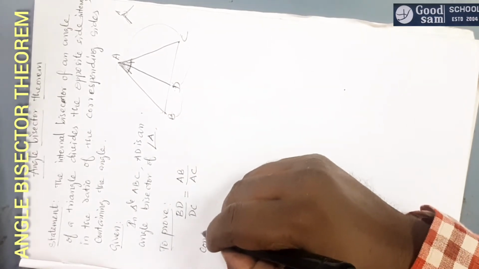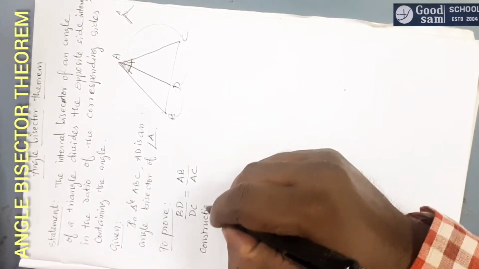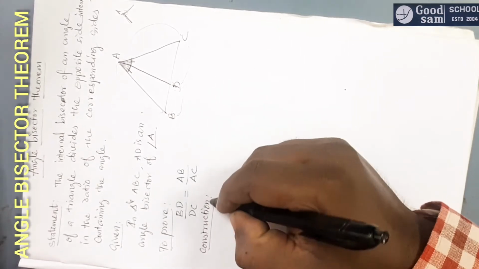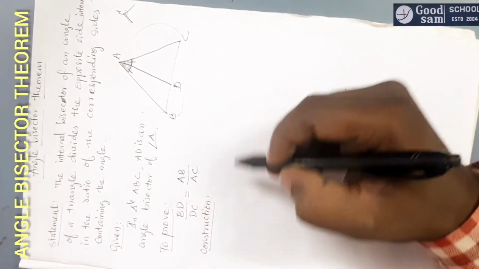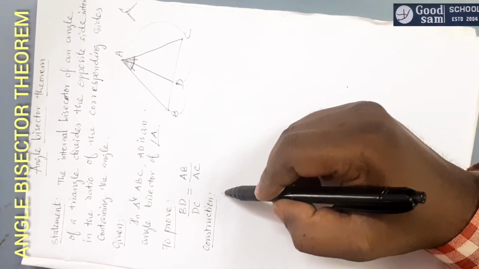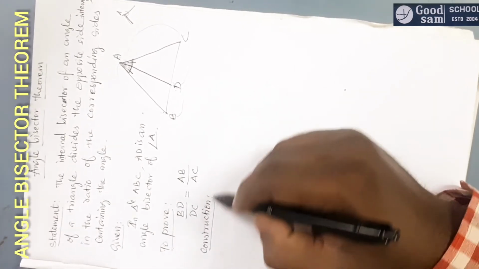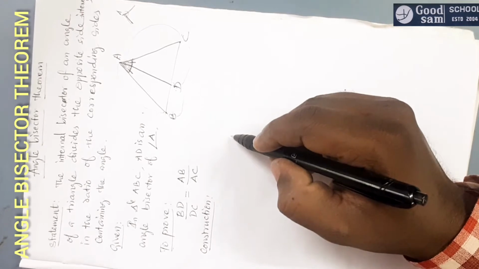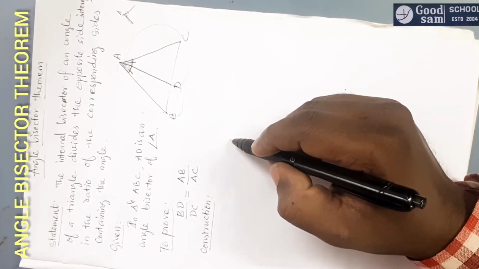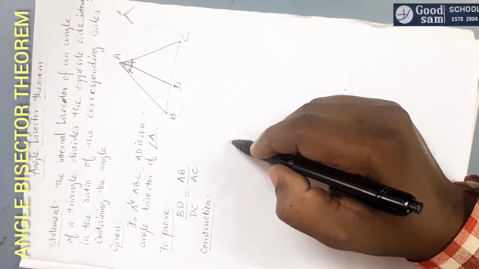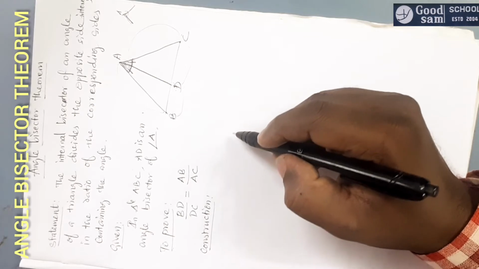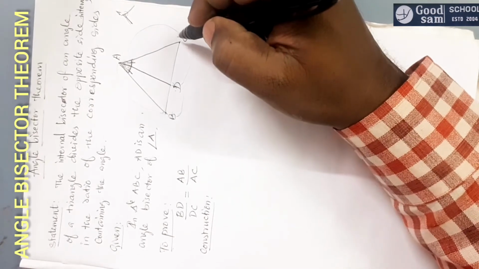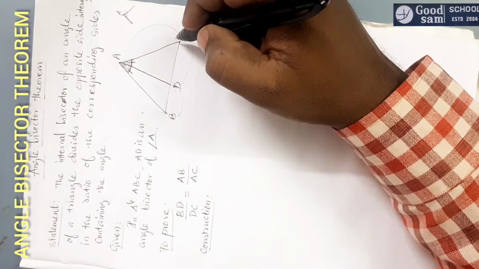Then construction is an additional work that we do to prove the theorem. Look here, what construction we are going to do: we are going to draw a straight line through C, which is parallel to AB.